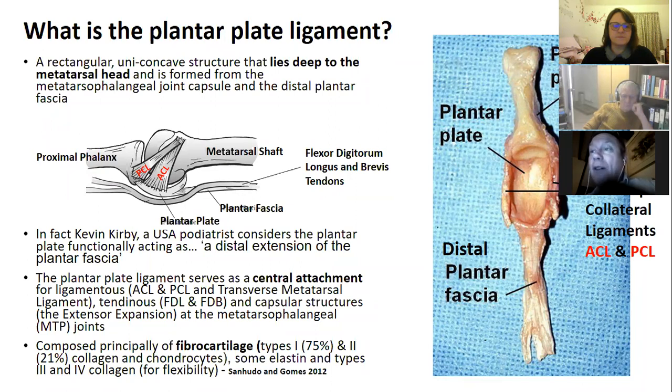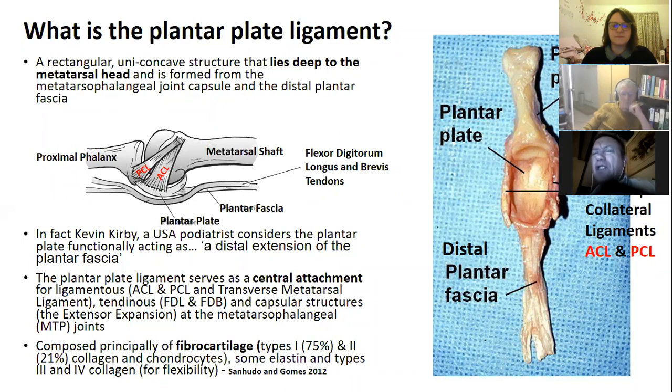So it's surrounded by this powerful structure and held in place against the proximal phalanx. But the plantar plate itself, as we can see from the shiny structure, actually lies plantar to the metatarsal head, or deep to the metatarsal head, and the metatarsal head actually articulates with the plantar plate. So the plantar plate is a gliding surface.